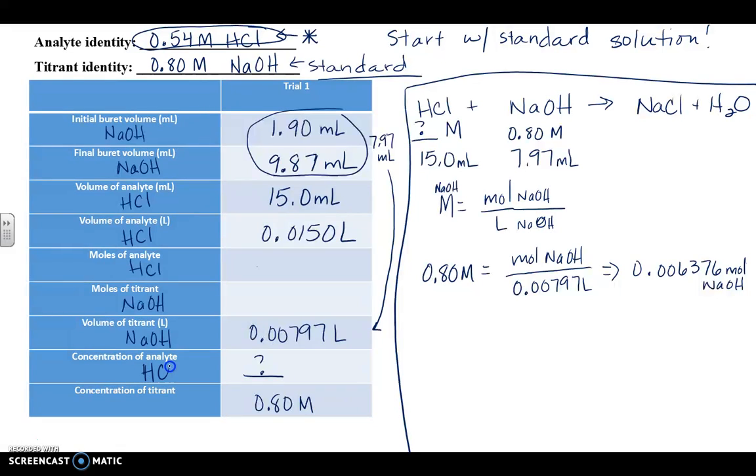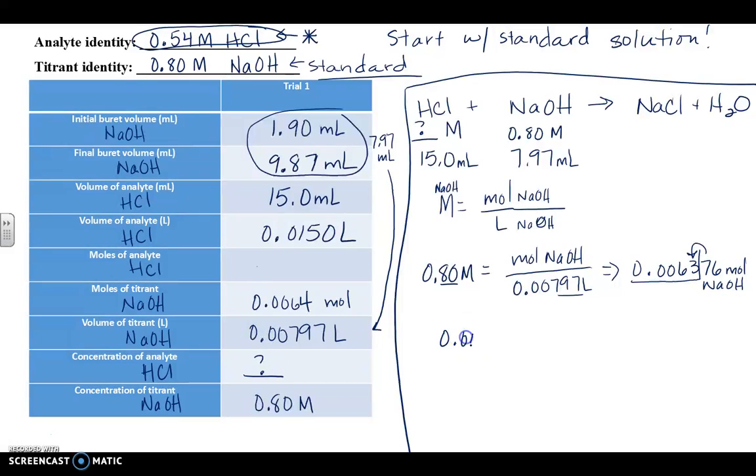Okay, HCl, NaOH. All right, so moles of NaOH, we have two significant figures here. We have 3 there, so we need 2 in our answer. So we should have 0.0064 moles of NaOH. Okay, now we need to go from moles of NaOH to moles of HCl.